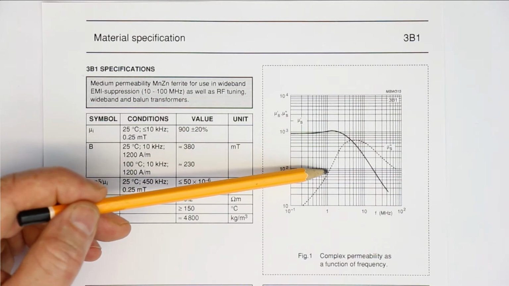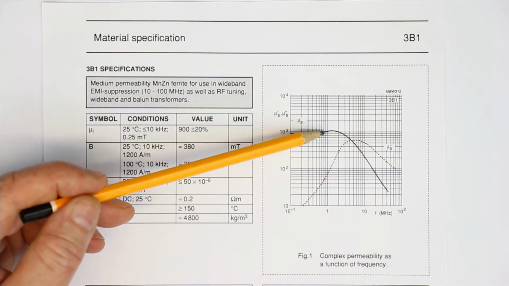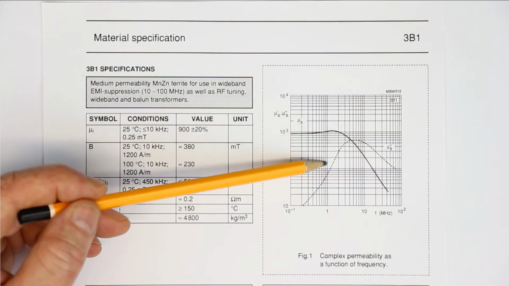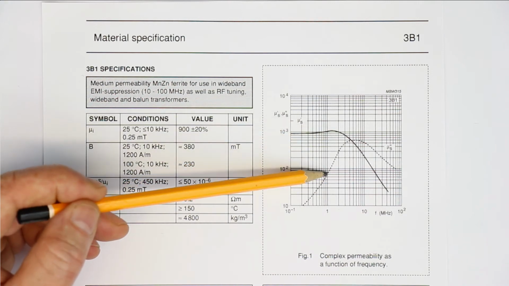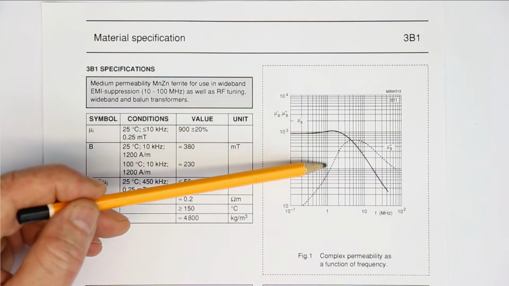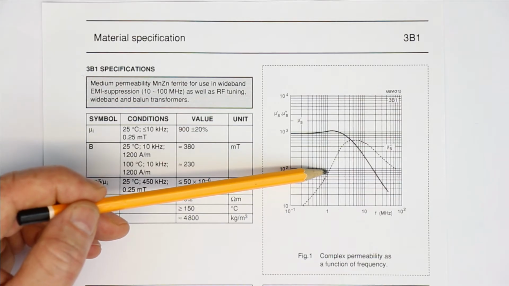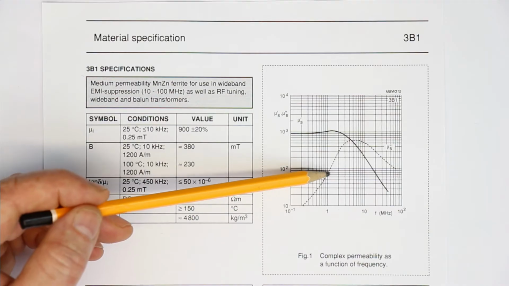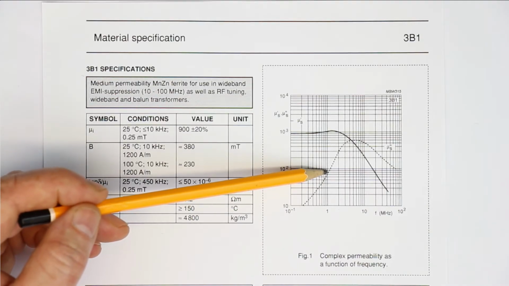And even at 1 megahertz, we only have a ratio between the two of only about a factor of 20, which means the losses are already in the percent range.